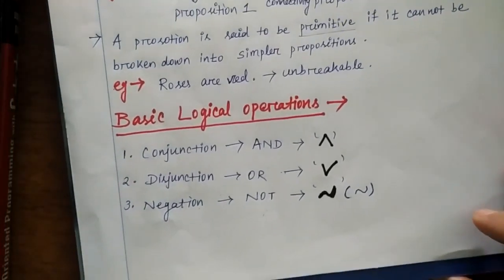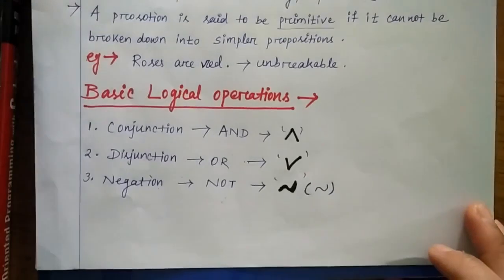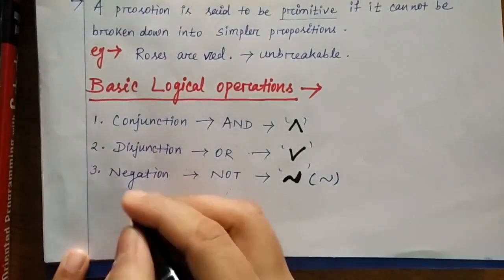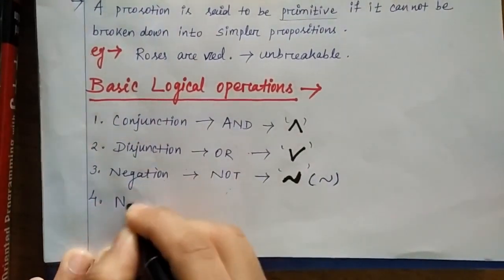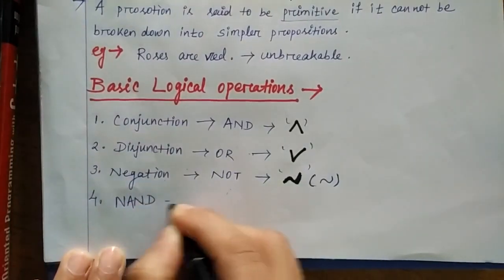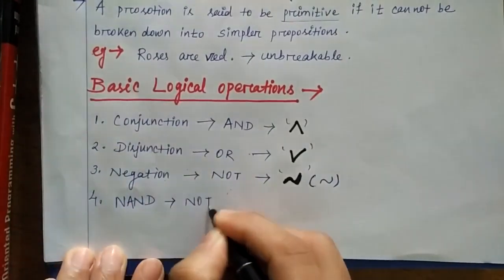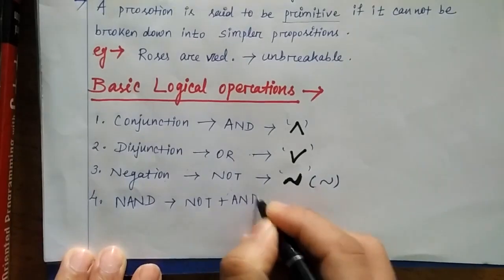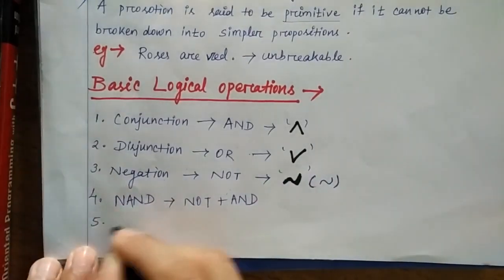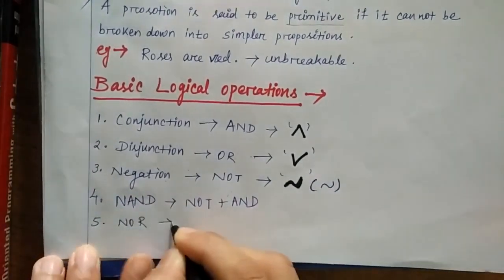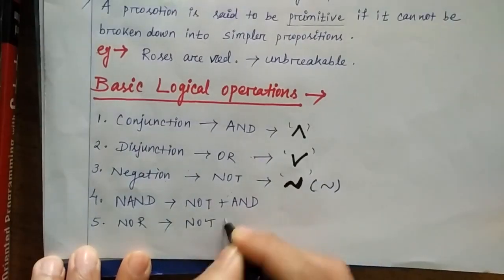I'll also tell you about the other types of logical operations that can be there: NAND, that is NOT plus AND. Then NOR, that is NOT plus OR.